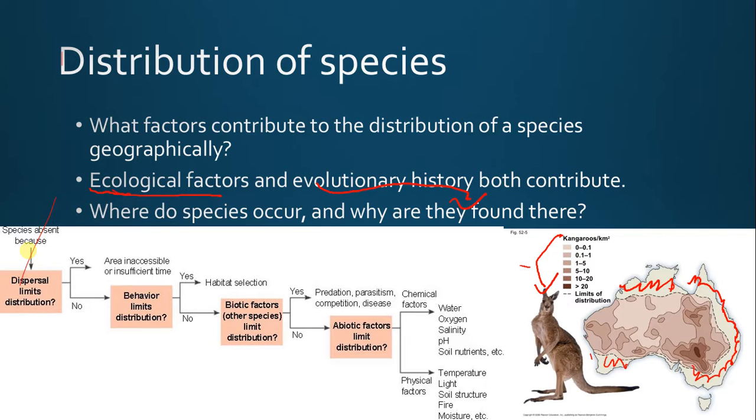Does their behavior limit their distribution? Do biotic factors, other species, limit their distribution? And do abiotic factors, or non-living things, limit their distribution? And what those are and why they have any effect, or the magnitude of the effect that they do, is what we study in population ecology and distribution ecology.